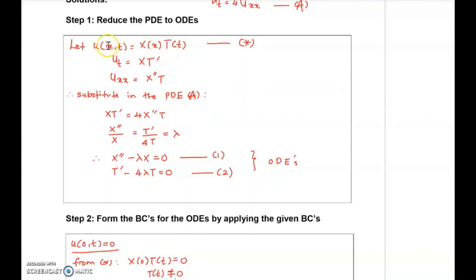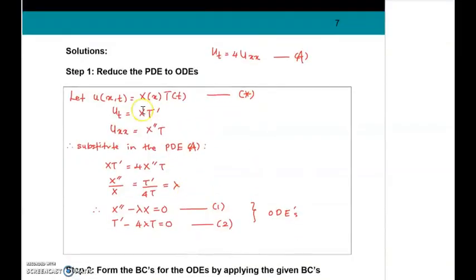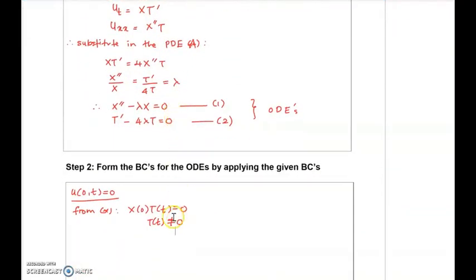It means u equals 0, which does not make sense for our application. It would mean that for whatever value of x and t, the temperature is always 0. So T(t) cannot be 0, because then the temperature u would be 0, which is not what we want.